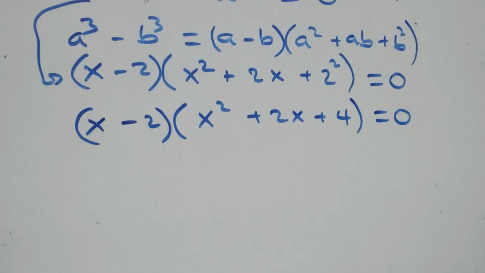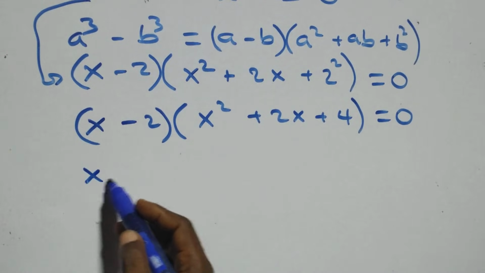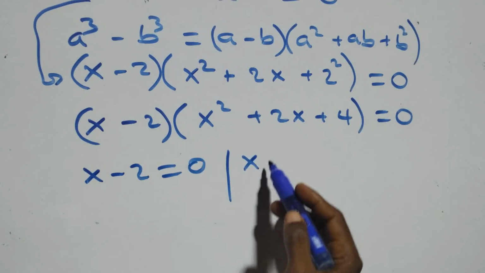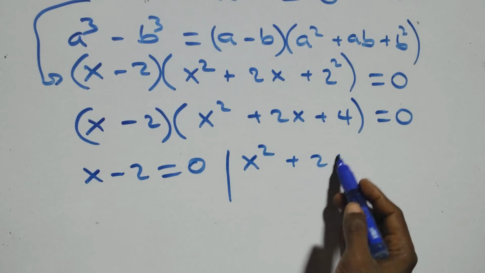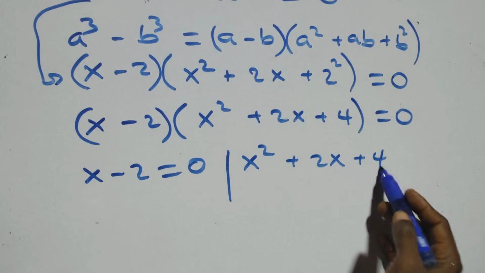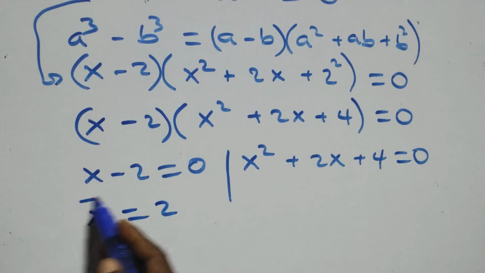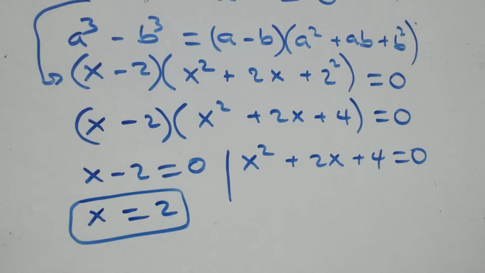Also, we have two possible cases. First one, x minus 2 equals 0, or we have x squared plus 2x plus 4 equals 0 here. Solving on this side, we have x equals 2, which is also a real solution.